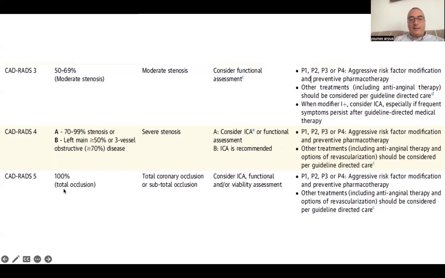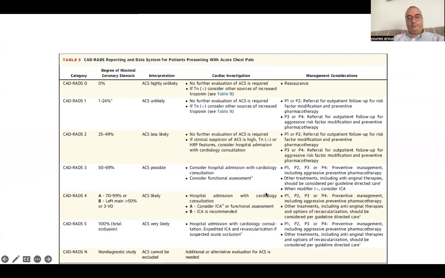And for CADRATS 5, the cardiologist should consider coronarography, functional, and/or viability assessment. In case of acute chest pain, the classification is the same, but the cardiac investigation will, of course, change.